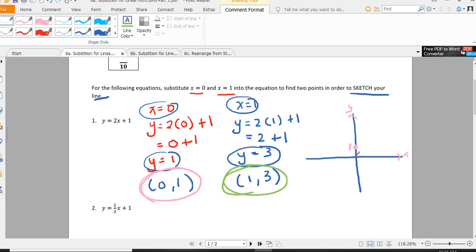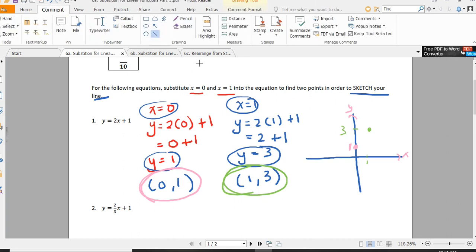Again, x is 1, so I'm going to call this 1. That's not the point, that's just labeling 1. And 3 will be roughly right there. So now I have 2 points, right? Now all I need to do is draw a line that connects those two. That's a rough sketch of our needed line. I'm done.